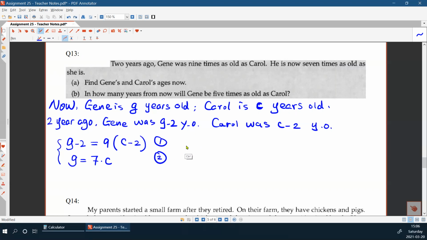So how do we solve these equations? We can just put equation 2 into equation 1, right? So this will give you G is 7C. So that means 7C minus 2 equals 9 times C minus 2.